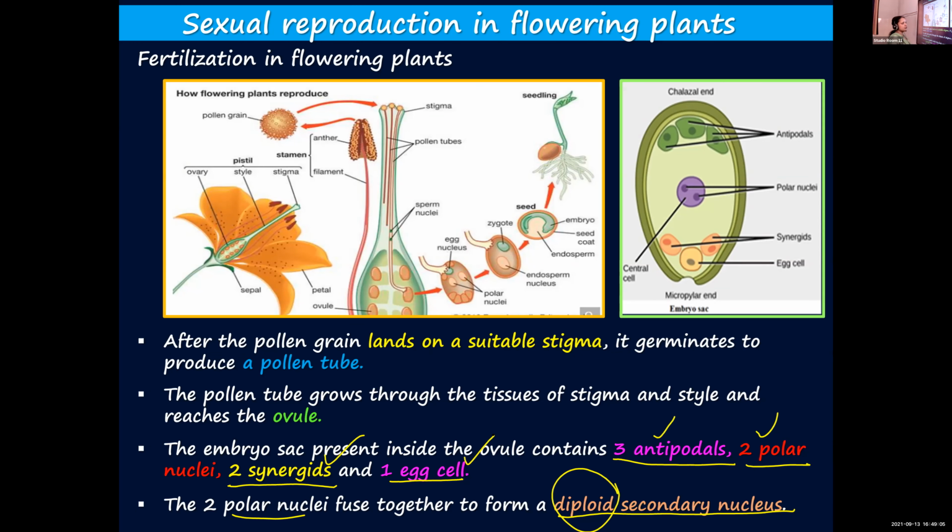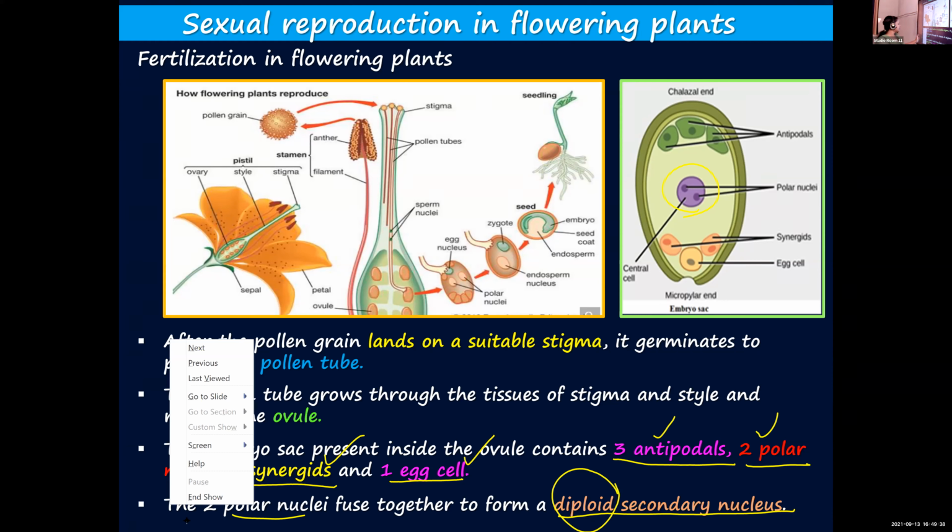And what happens to the 2 polar nuclei? They will fuse together and form a diploid secondary nucleus. Once again, diploid secondary nucleus. Two nuclei are fusing and forming the secondary nucleus. Hope you understood.